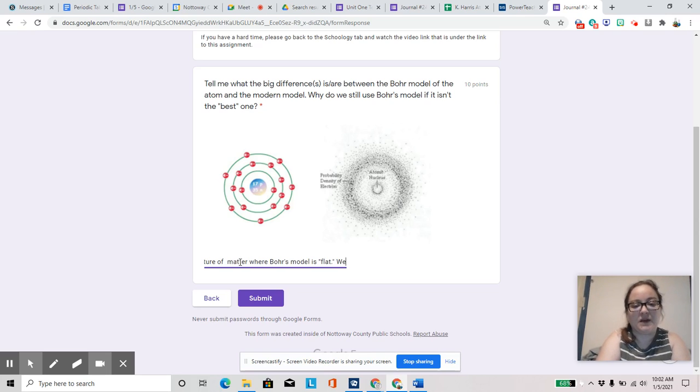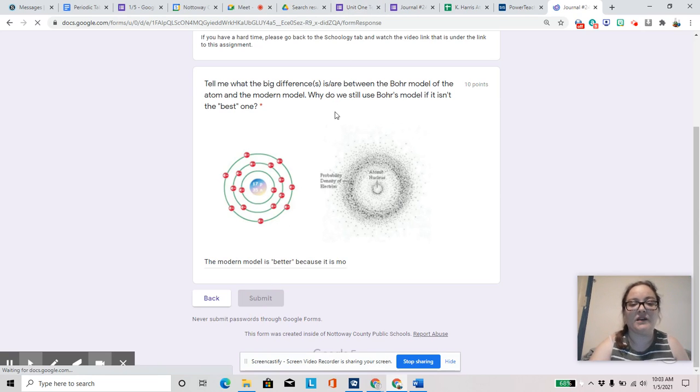We still use Bohr's model because it would be difficult to discuss and, I don't know, demonstrate electron placement without it. There we go. All right.